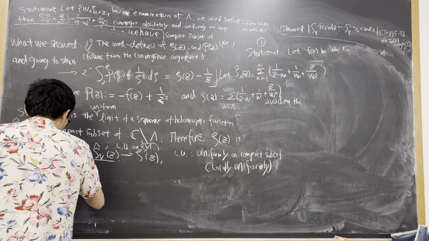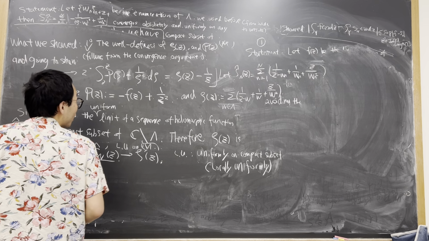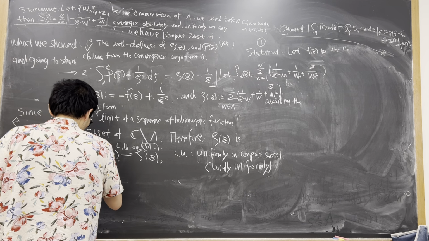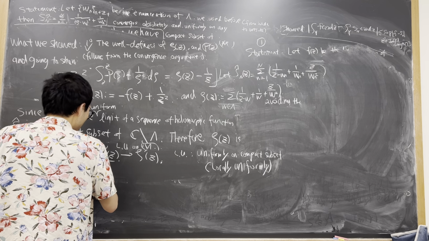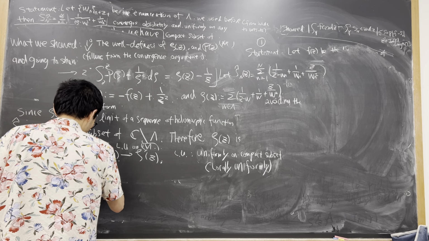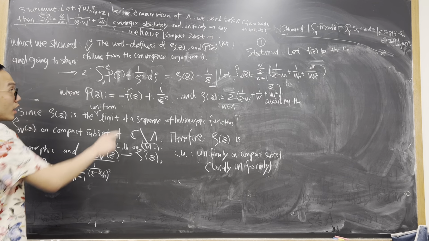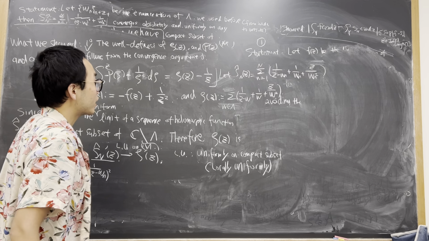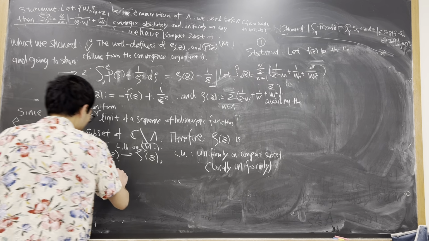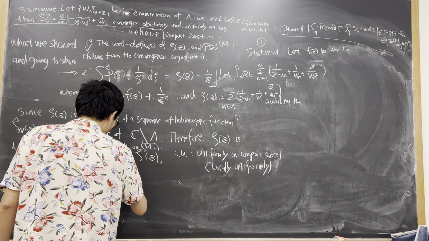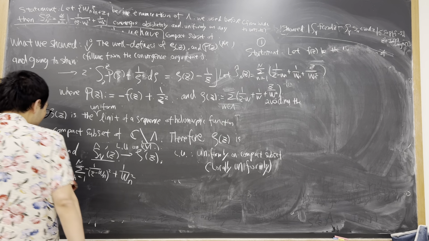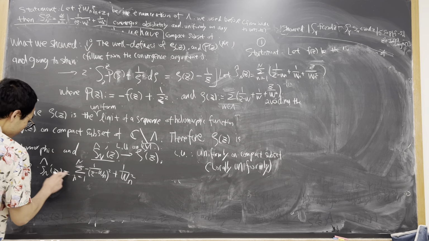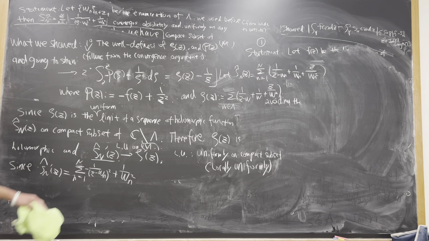So the summation n from 1 to infinity of negative 1 over z minus omega n squared, and then this 1 over omega n is gone, and the last one becomes plus 1 over omega n squared. Oh, sorry, this is the finite sum, so it should be up to n. It's equal to that.